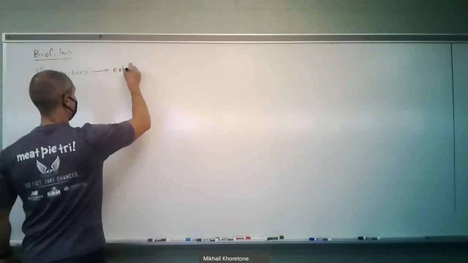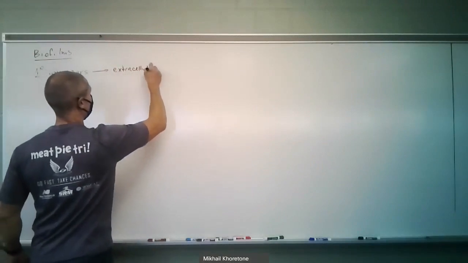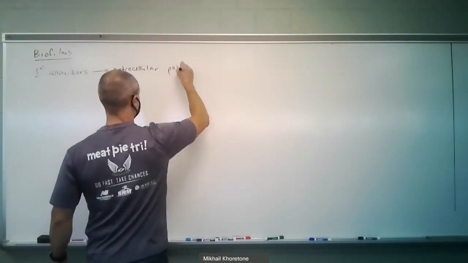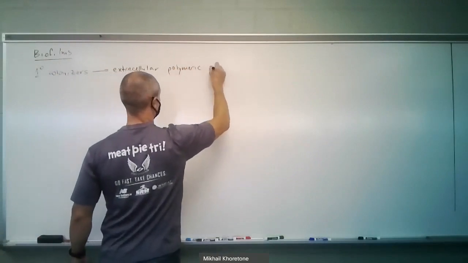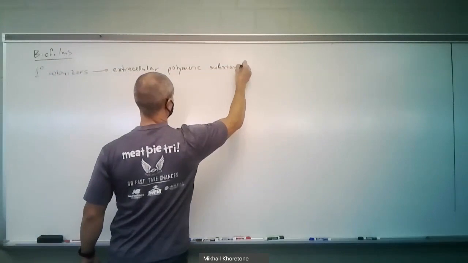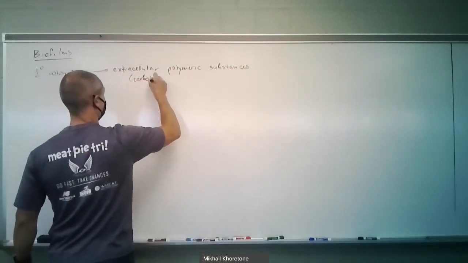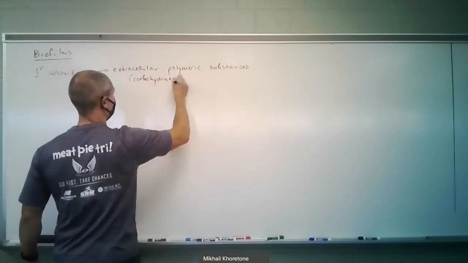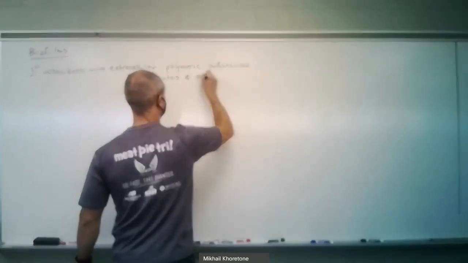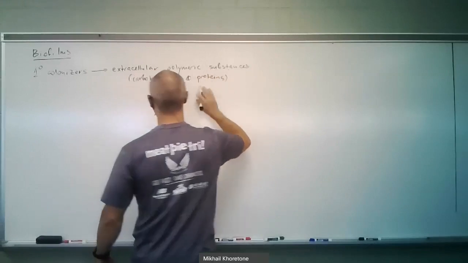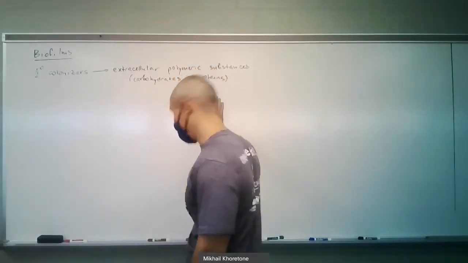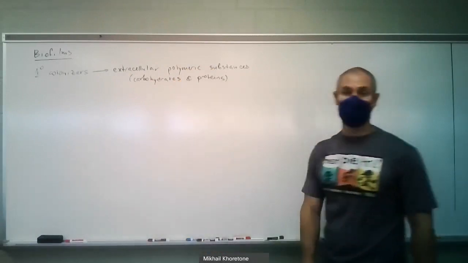They stick to the surface and start to produce extracellular polymeric substances, basically carbohydrates and proteins. Essentially, this is an extension of the glycocalyx of those bacterial cells. Does that make sense?